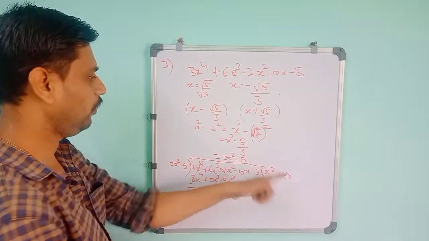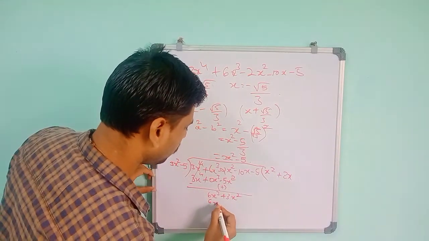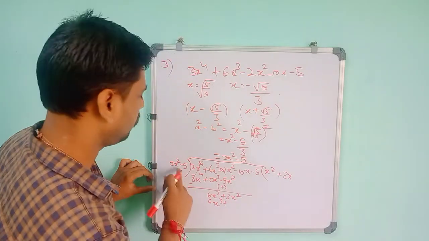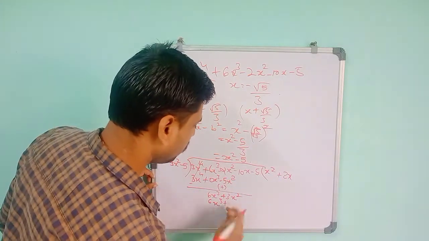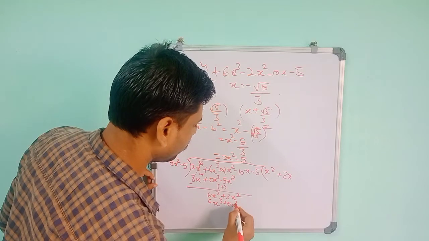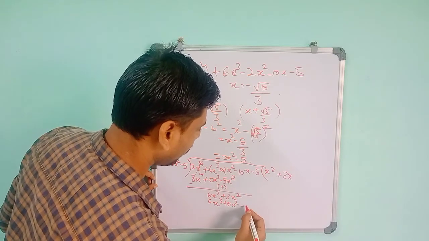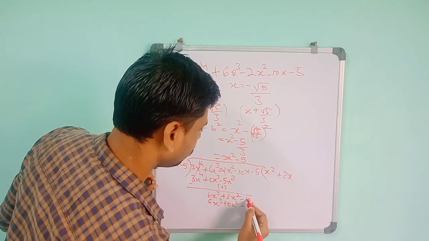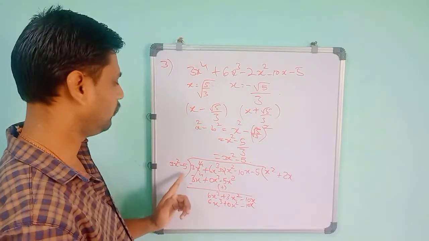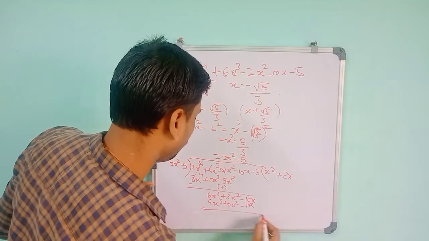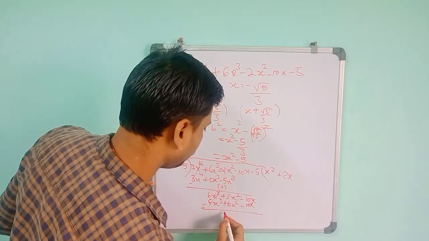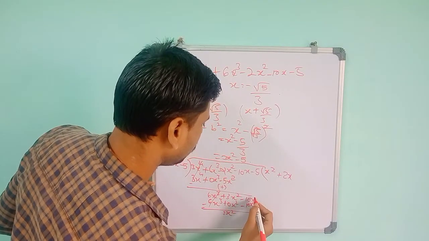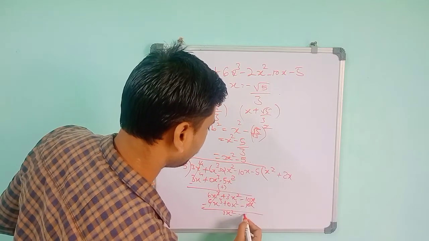So 3x square into 2x gives 6x cube, and minus 5 into 2x is minus 10x. Then minus 10x is there, so this will get cancelled. Then 3x square, this will get cancelled. Then the remaining is 3x square minus 5.